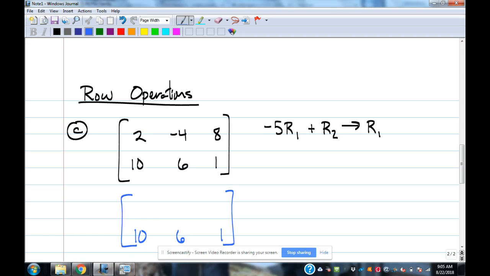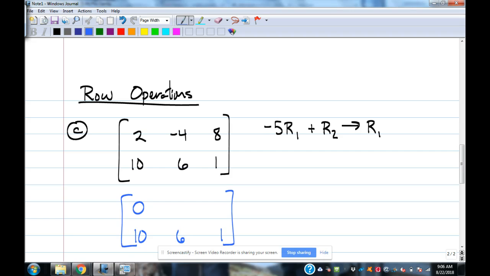You're only going to do one at a time. Okay? So we're going to just do this math. We're going to say -5 times row 1. So what's -5 times 2? -10 plus row 2. So -10 plus 10 is 0. So we put a 0 right there.